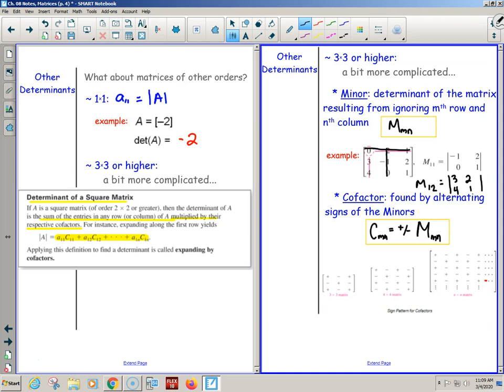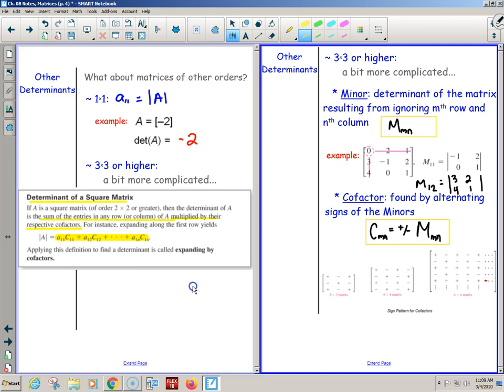The minors are formed by ignoring a particular row and a particular column and seeing what's left. So think, the minor of 1, 1 is what's underneath, what's within 1, 1.